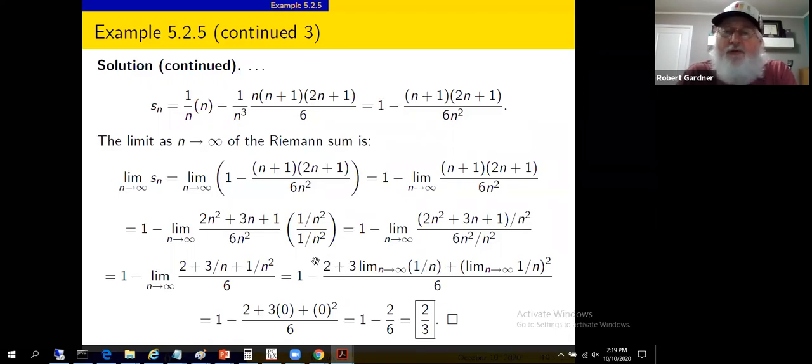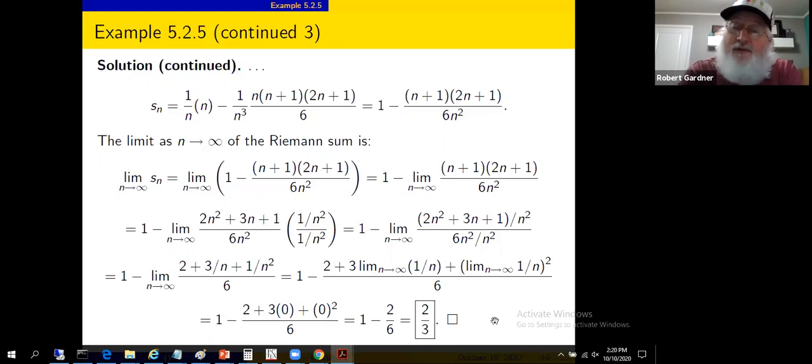I guess you could argue L'Hopital's rule could be used as well. This is an infinity over infinity indeterminate form that we've got at this stage. But here it is written up in terms of the 1 over n idea. We get 0 here, I get 0 squared here. So evaluating those limits and simplifying, we get 2/3. I told you it was 2/3.